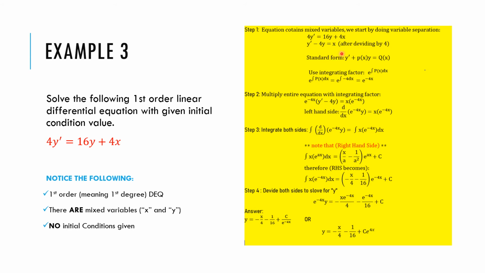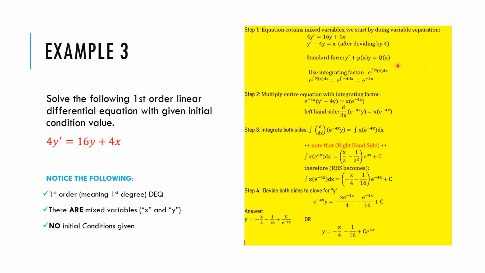So that means this equation I need to present in a standard form, which is given here. And I'm sure this will be given to you in your cheat sheets, or maybe you just have to remember it. So the standard form states that y prime plus p of x times y equals q of x.